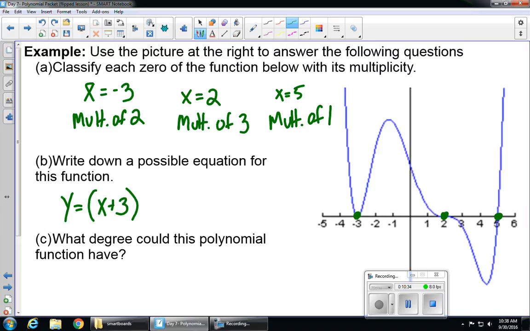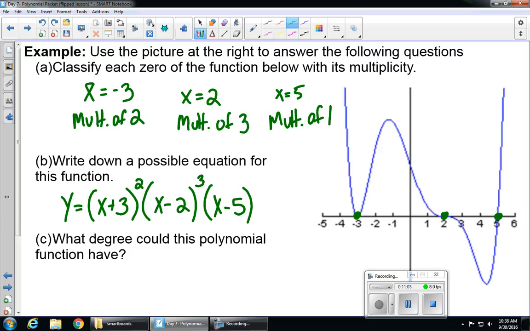Our multiplicity of 2 is going to match our exponent. Then I have x equals 2. So this piece is going to be x minus 2. This has a multiplicity of 3, so that's going to match our exponent, (x - 2) to the 3rd power. And lastly, we have x minus 5. You could put to the 1st power, but remember, you don't need to.